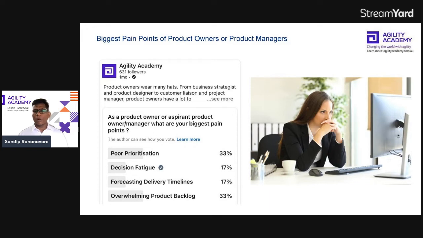In the lack of that, quite often teams and product owners get pulled in multiple directions. So there's lack of knowledge of prioritization techniques, or poor implementation of them, and an overwhelming product backlog keeps growing, and as a product owner you don't know how to keep track of it.